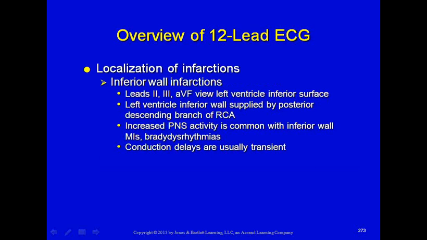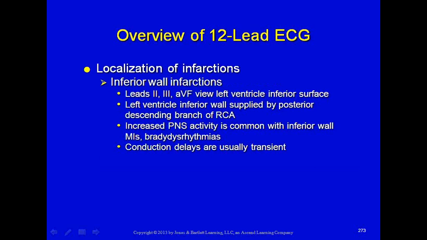Inferior wall infarcts. With inferior wall infarcts, we're looking at leads 2, 3, and AVF. And 2, 3, and AVF view the left ventricle from the inferior side, and the left ventricle inferior wall is supplied by the posterior descending branch of that right coronary artery.